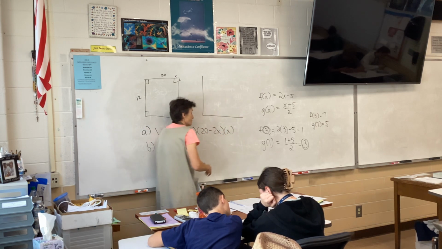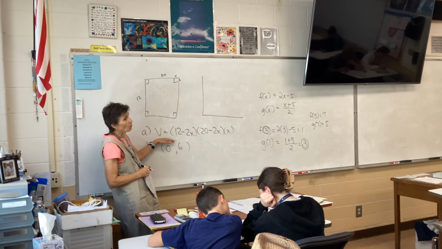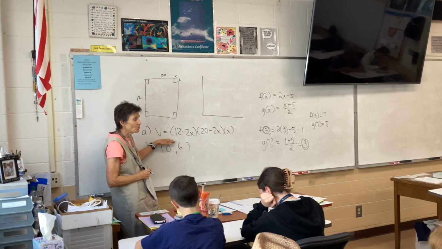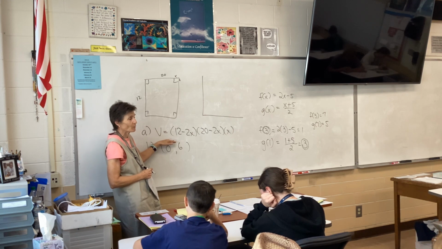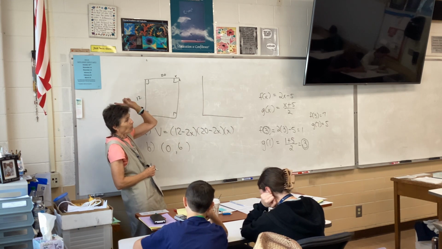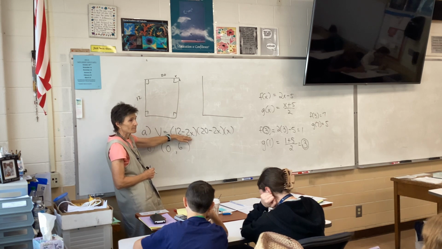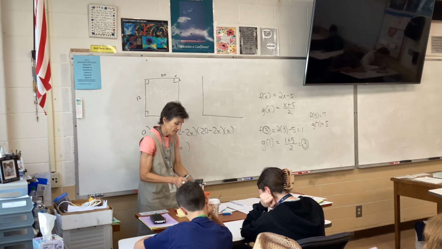Be sure that you are typing in the new equation. I noticed in your homework, some of you were not typing in the new equation, so you were getting the answer to another problem. Make sure you type in this new equation and its graph.